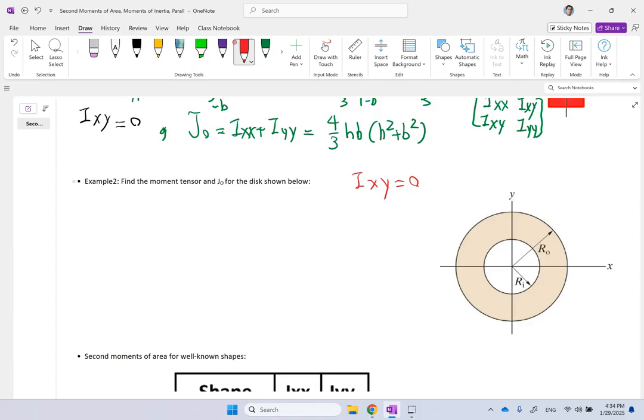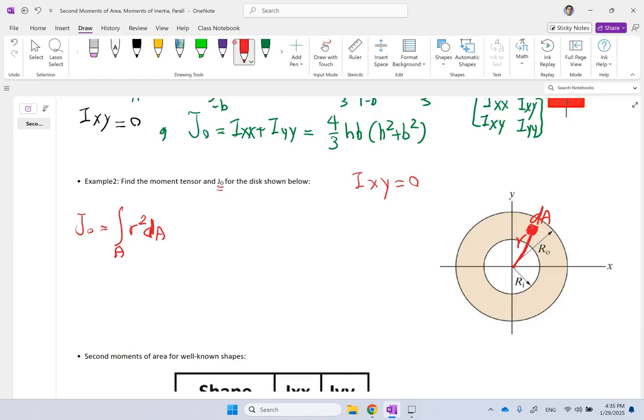Now, here, I would like to calculate the polar moment first. Why? Because the definition of it was the integral of r squared dA over all A. So what you needed was to pick any element anywhere at radial distance r and move it such that it covers the whole thing, right?